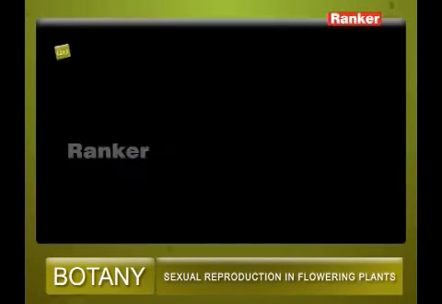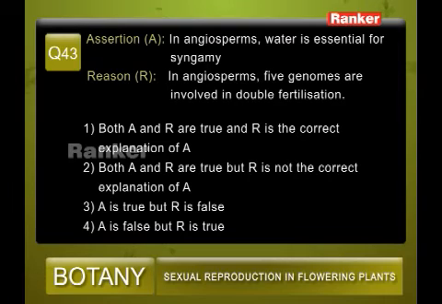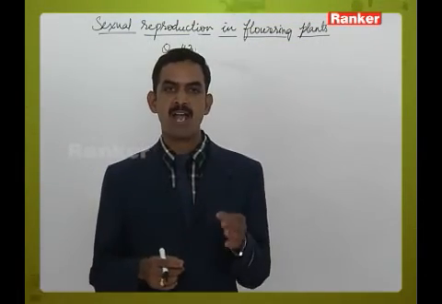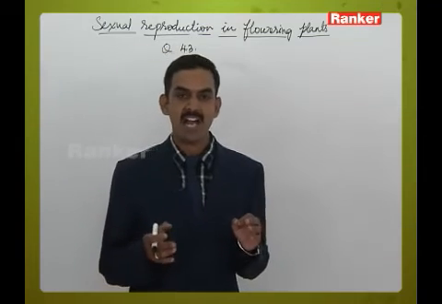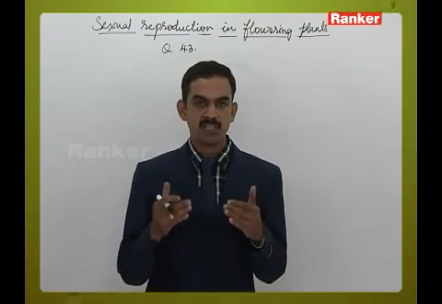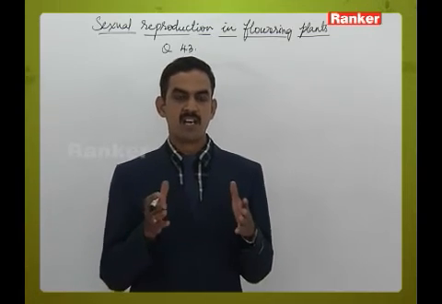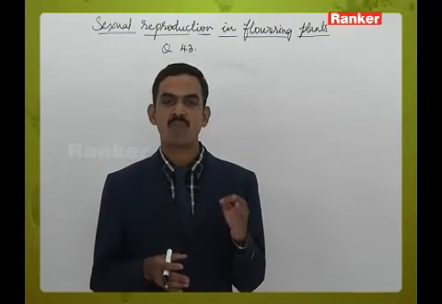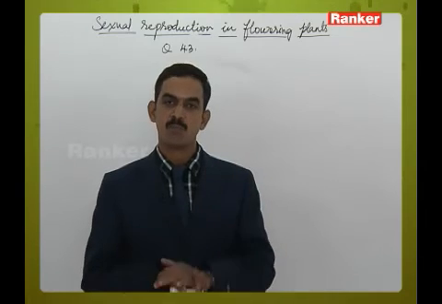Question number 43, assertion, in angiosperms water is essential for syngamy. Reason, in angiosperms 5 genomes are involved in double fertilization. Okay, here angiosperms are highly evolved plants on the earth which are highly adapted for terrestrial habitat, and one of the reasons why these are adapted to the terrestrial habitat is there is no need of water for fertilization process.